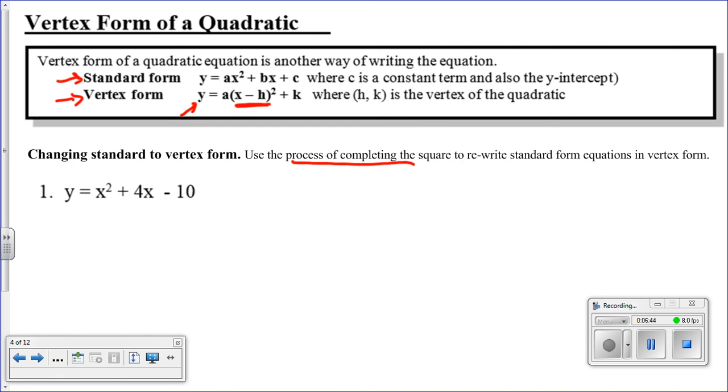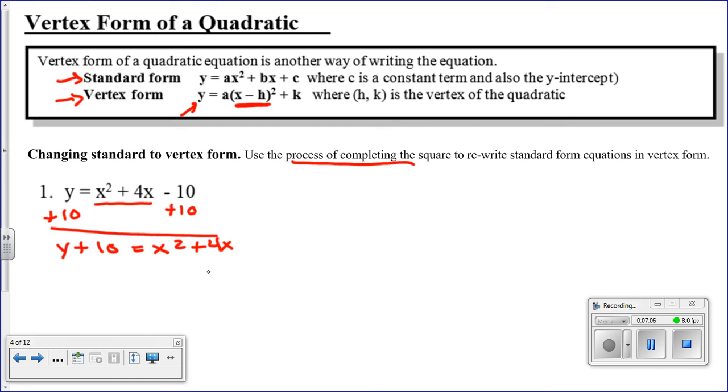If you remember from completing the square, we're going to make this a perfect square trinomial, which means we should move the -10 over to the other side. So I'm going to add 10 to both sides, and I get y plus 10 is equal to x squared plus 4x. Now I'm going to ask, what constant makes this a perfect square trinomial?